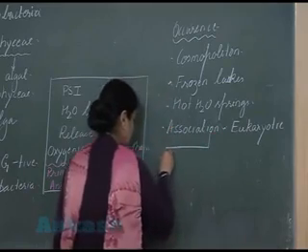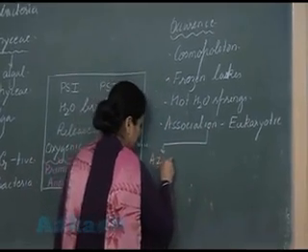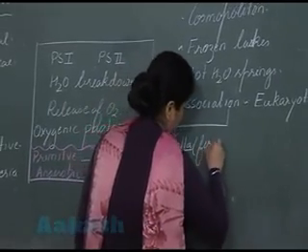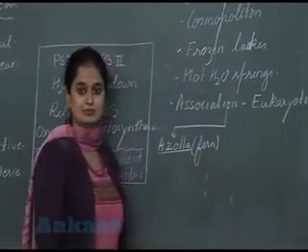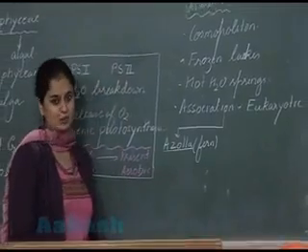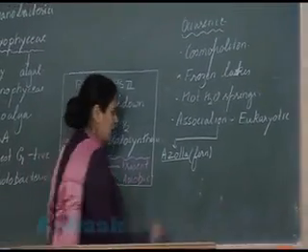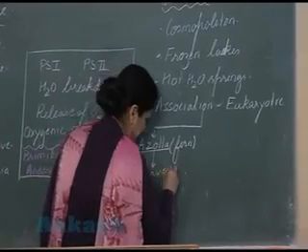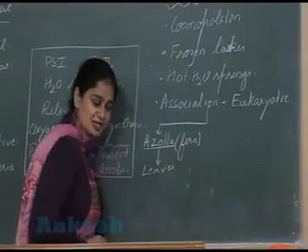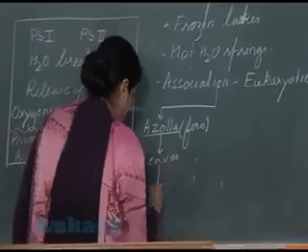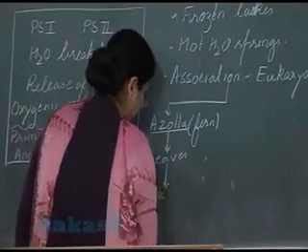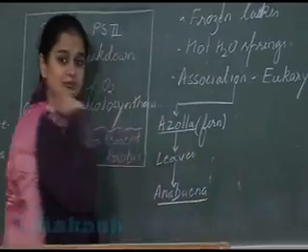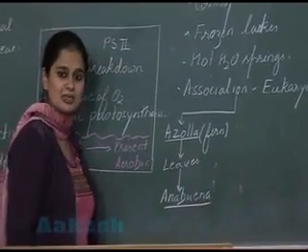One, it shows association with an aquatic fern, that is Azolla. In Azolla, it is associated with the leaves, and the cyanobacteria associated with the leaf is Anabaena.